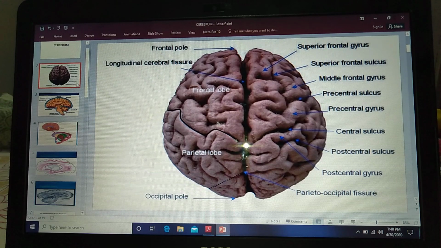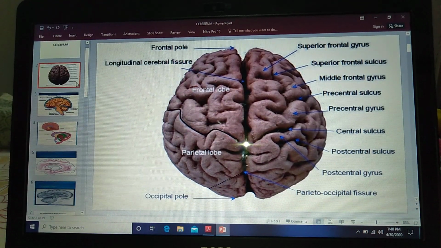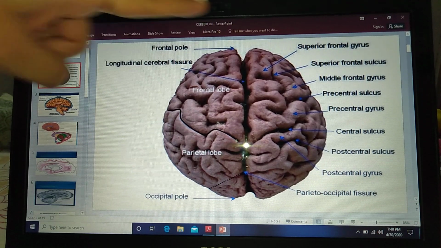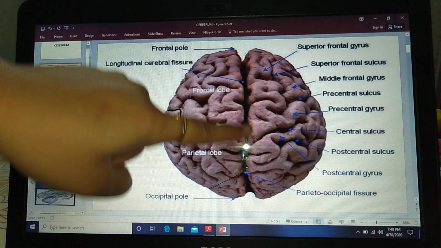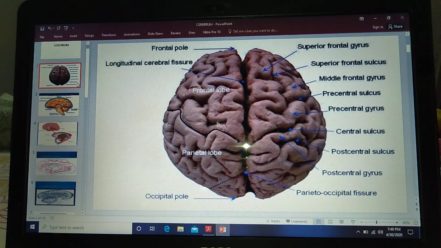The cerebrum, as you can see in this diagram, is made up of two cerebral hemispheres which are incompletely separated from each other by the median longitudinal fissure, right? You can see a huge median longitudinal fissure that is separating the two cerebral hemispheres.